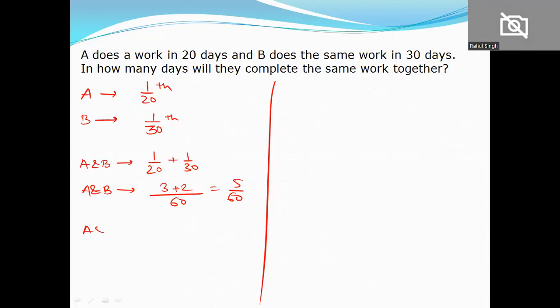So A and B can do 1/12th of the work in one day. So if A and B work together, they will take 12 days to complete one work.